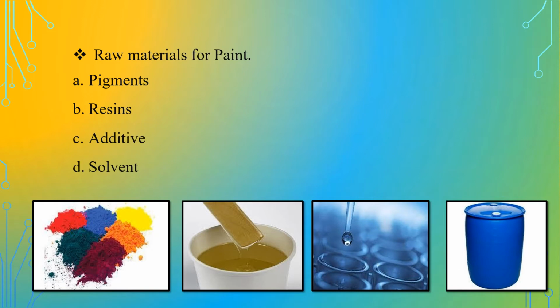And resin is the heart of the coating that provides stickiness to the coating. That means when you apply the coating onto the surface, the binding property is provided by the resin. And pigment is a powdery material, solid, finely divided particles that is responsible to give color to the material.